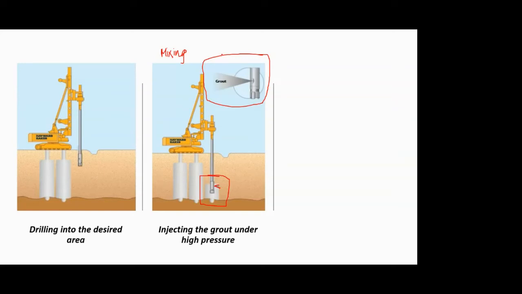Now this cannot be done underground, because we are not sending any men down there. So this mixing process is done by the high pressure grout itself. That high pressure grout will mix with the soil, and it will form a soil plus grout paste kind of thing, which is going to set in due course of time.